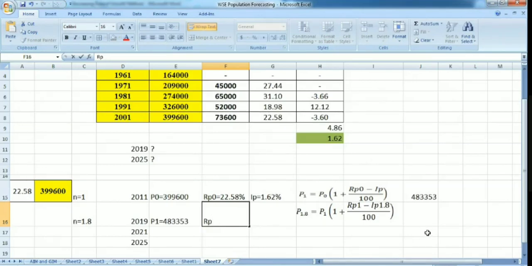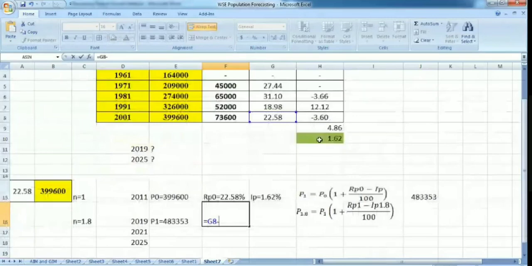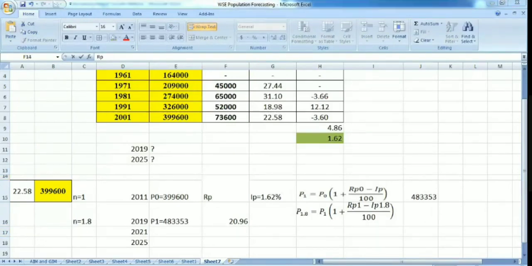Can anybody tell me the RP value? It is 22.58 minus 1.62. Okay, that means I'll just write the RP value. I'll just make the heading as RP.